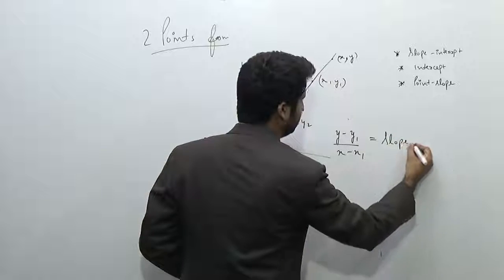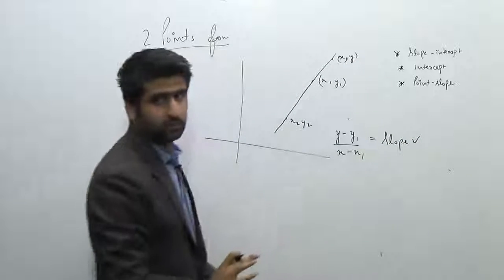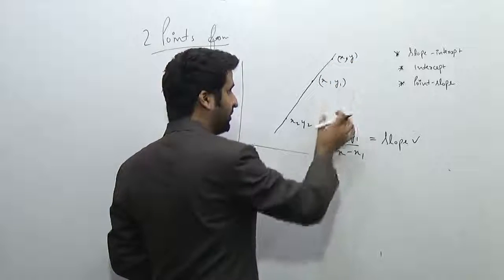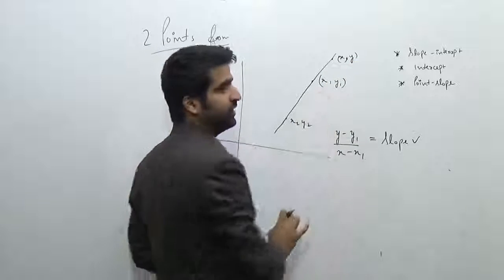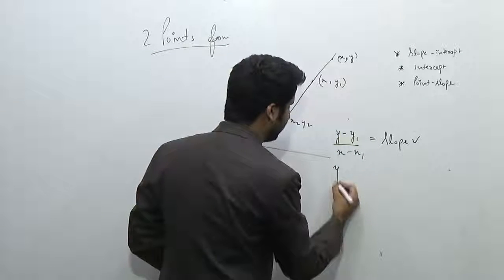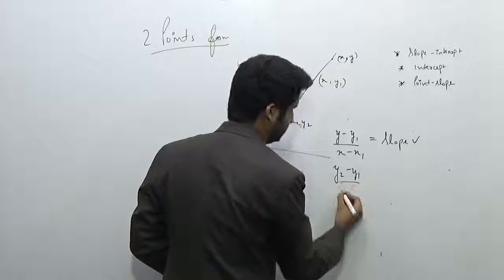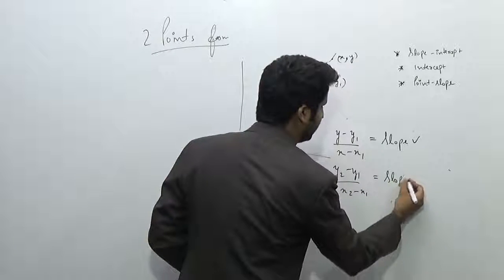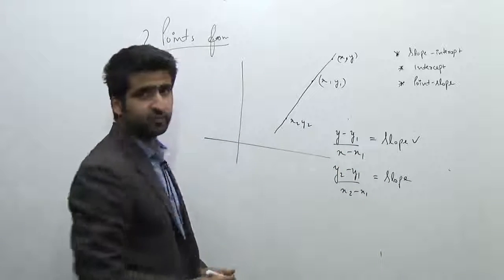Okay, agree? Because any point on this straight line, operation on any point of this straight line with this point will give you the slope. Okay, also the slope, we already know the slope is equal to y2 minus y1 upon x2 minus x1. This is also equal to the slope of the straight line. So we can easily equate these two equations.